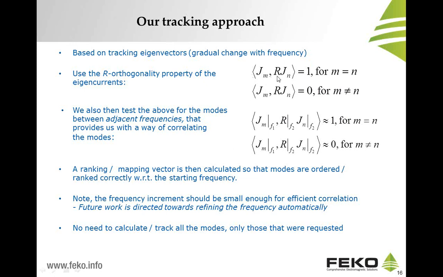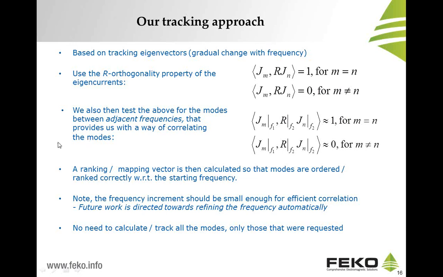If we apply this formula to modes of the same indices, we gain a value of 1, because we also normalized our modes in order to obtain this. But if we look at modes where the indices are not equal, that is different modes, they should not correlate in any way, and the value here should be 0.